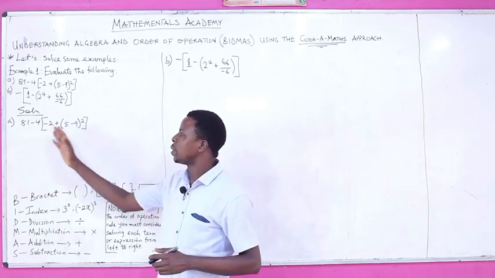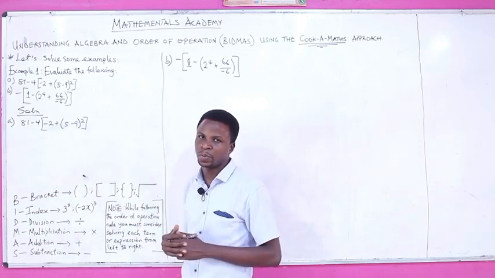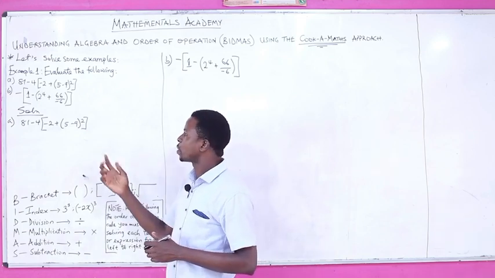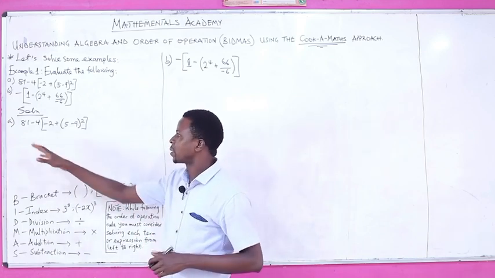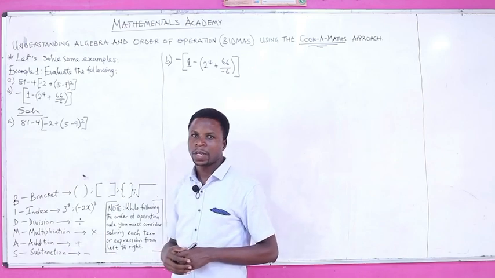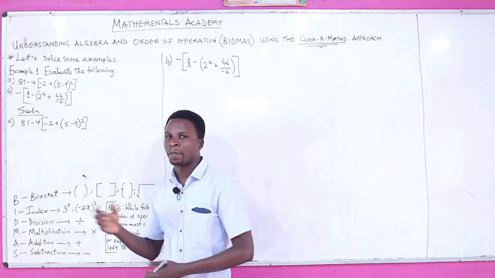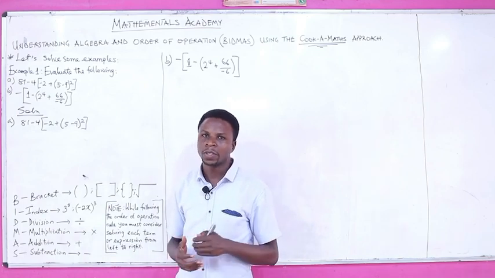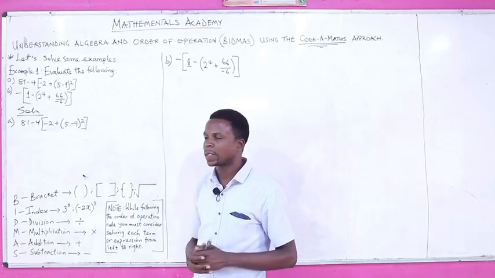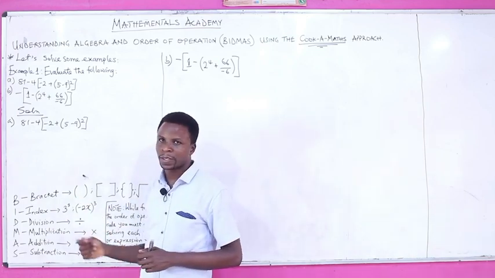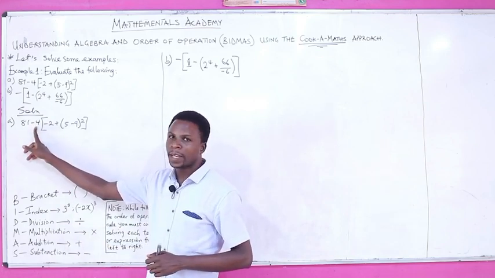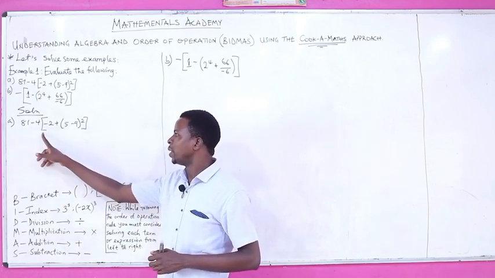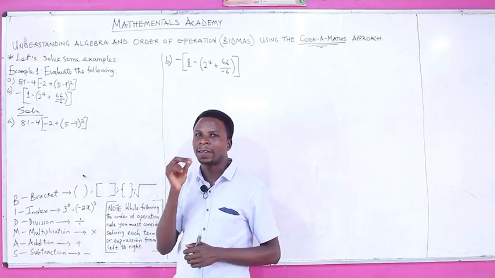Now there are so many things we are going to be considering in this example, right? The first thing we are going to be considering is 81 minus 4. Some students might want to subtract 4 from 81, which is the wrong thing to do. And why is that? The reason is simple because minus 4 here is bonded to this bracket with the sign of multiplication.